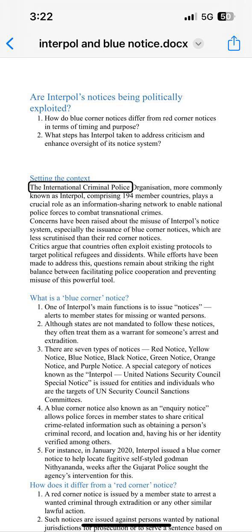It has a global complex for the innovation of police located in Singapore, and it has several branches, several regional organizations spread all across the world, particularly 19 countries. And it has, as I told you, 119 member nations. And every country has a National Central Bureau connected to Interpol.